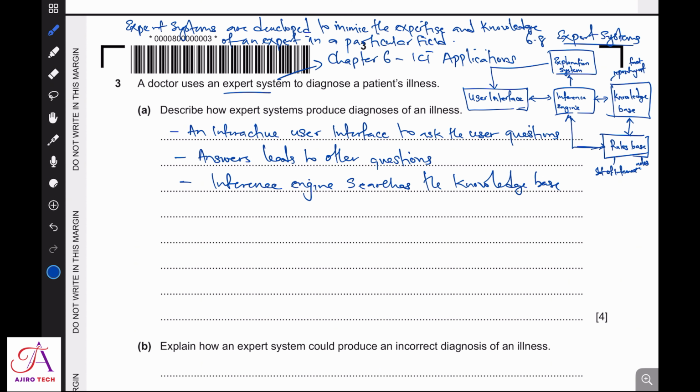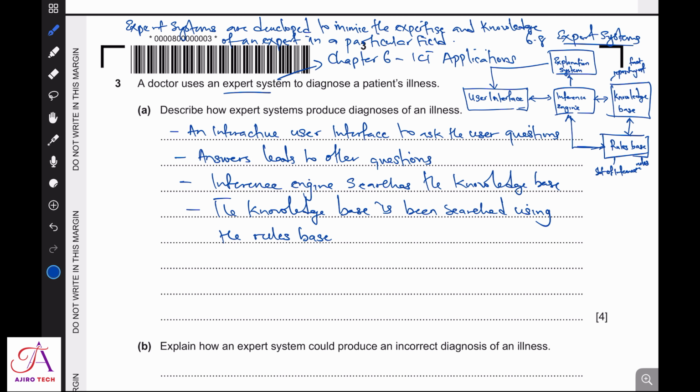And then we can see the knowledge base is being searched using the rule base, using the rules.